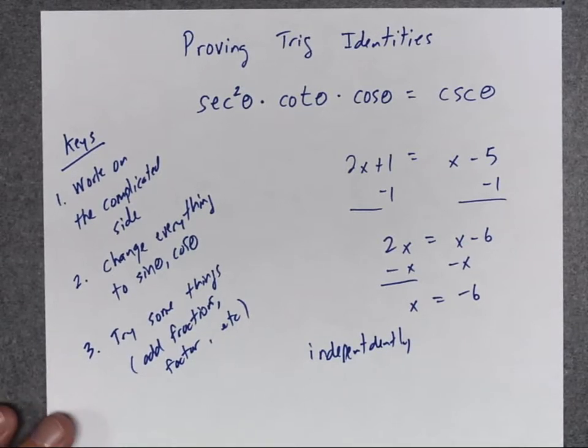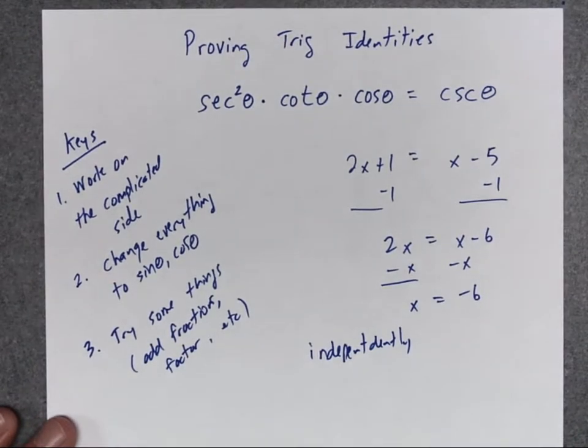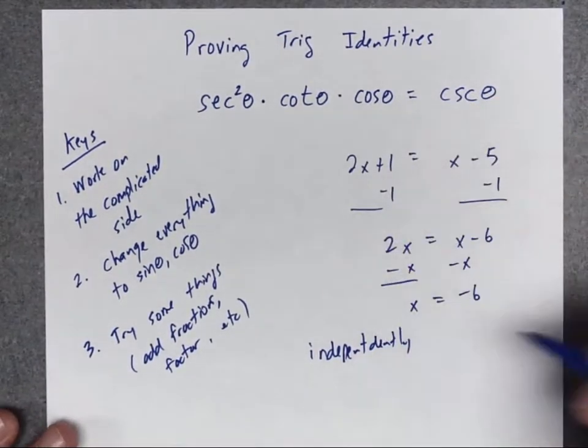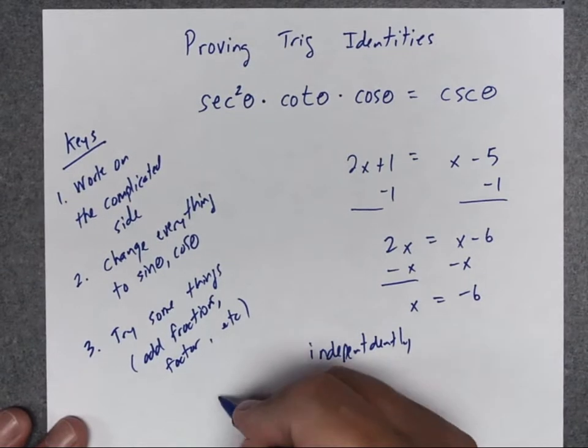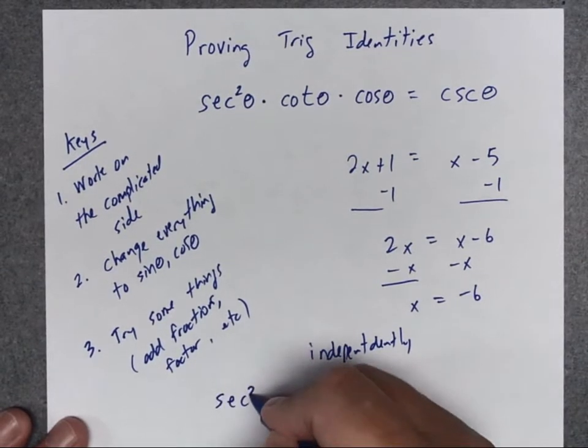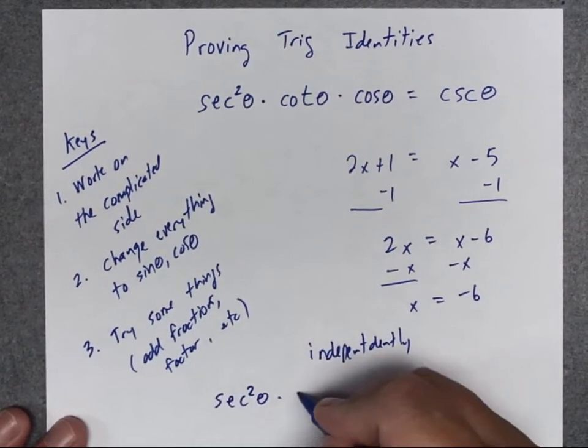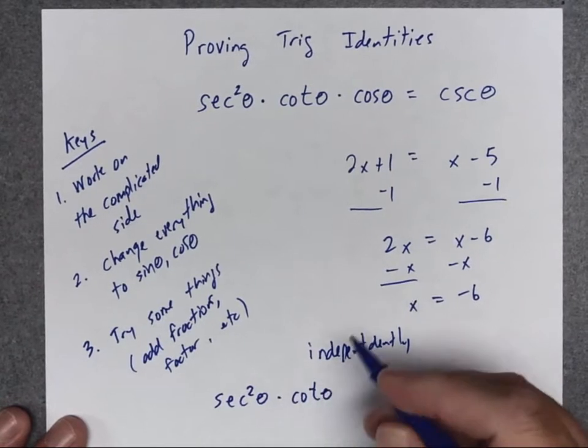All right, so those are some of the principles. Let's dive in, and as I do some of these examples, hopefully some of the things I've talked about will become even clearer. So since I've made a mess here, let me rewrite this first identity that I want to try and prove.